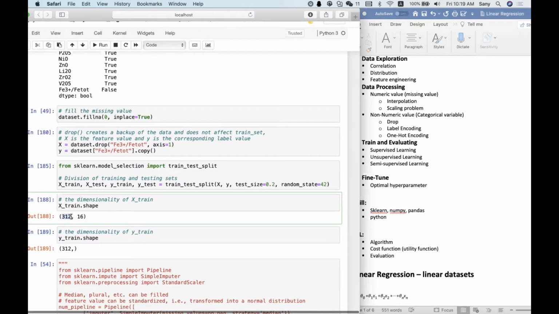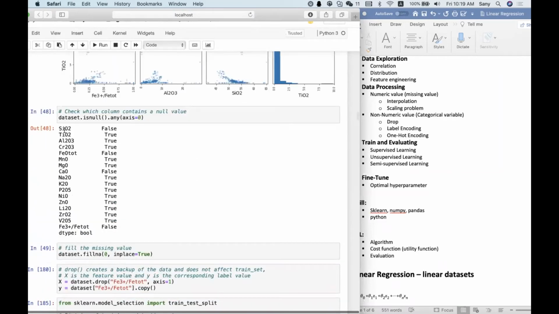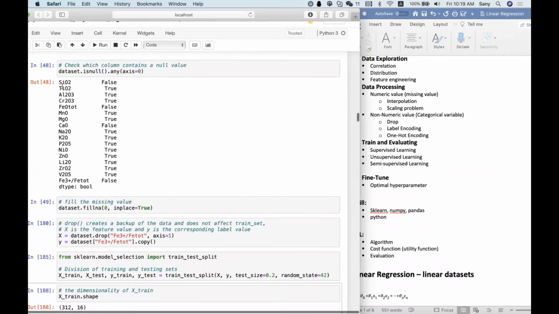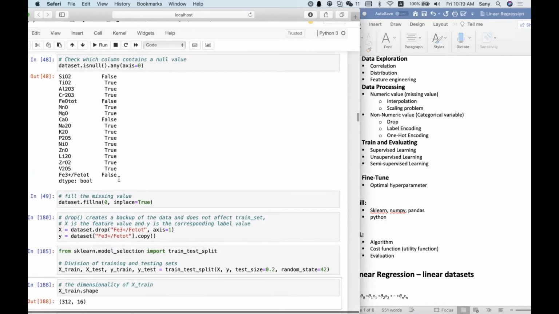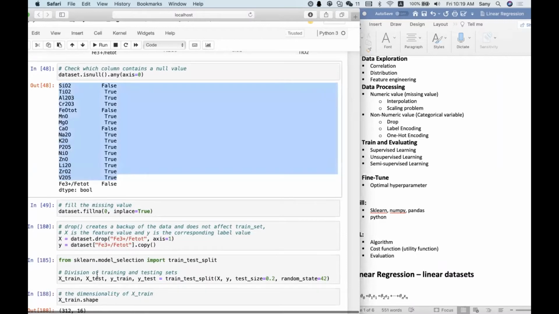You can see the number of samples in this sheet, 312, and also the dimensionality of this training set, 60, which means the total number of columns is 60.